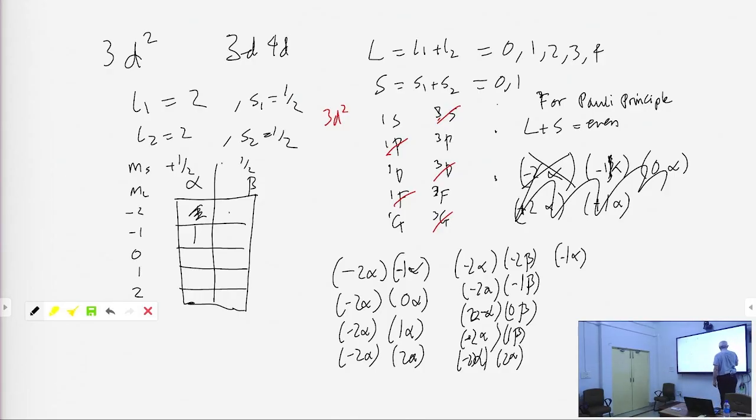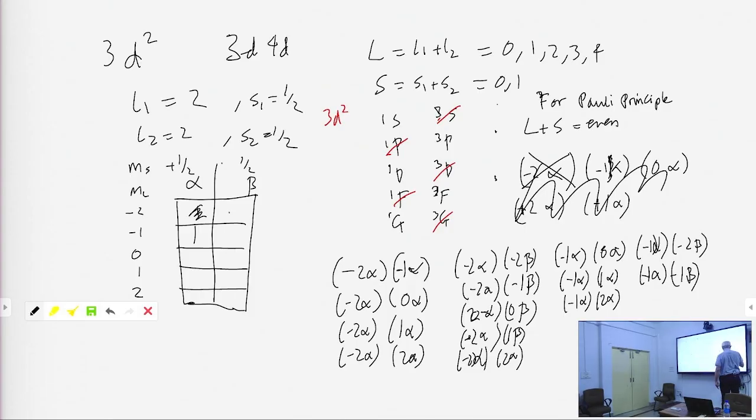Minus 1 alpha, 0 alpha, minus 1 alpha, 1 alpha, minus 1 alpha, 2 alpha. And same as this lot here, minus 1 alpha, minus 2 beta, minus 1 alpha, minus 1 beta.